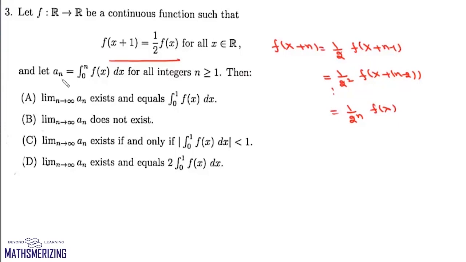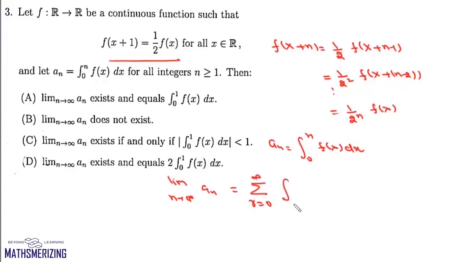Now we need to find this integral a_n, which is from 0 to n of f(x) dx. Now we need to find this limit as n tends to infinity of a_n, which is this summation, r varies from 0 to infinity, of the integral from r to r+1 of f(x) dx.